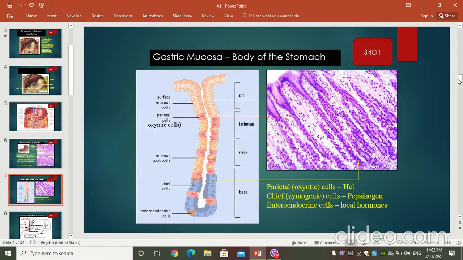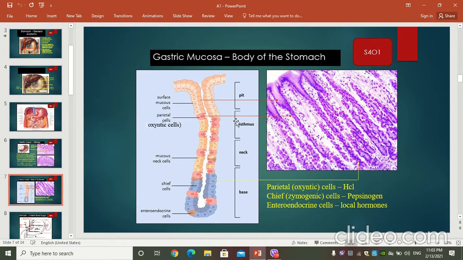This is showing the mucosa, the different types of cells which are arranged within the gastric mucosa. At the pit, mostly the surface mucus cells.